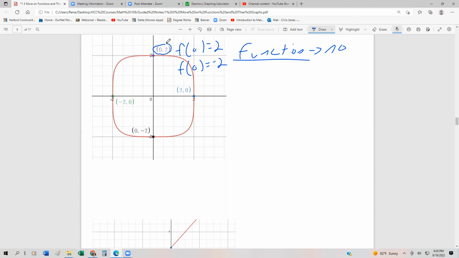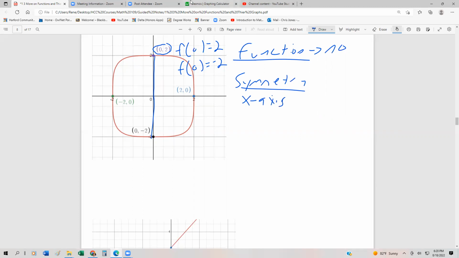Okay, because remember, if we plug in -y, it should get us back the same. All right, and clearly it's equidistant from here to here. Okay, so for our symmetry, so far it looks like that we have symmetry in the x-axis. Right?